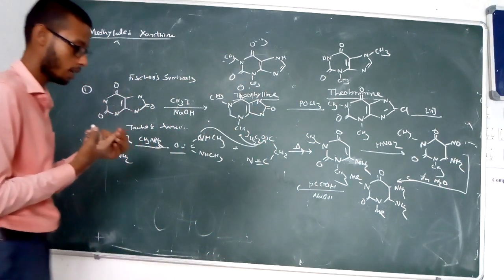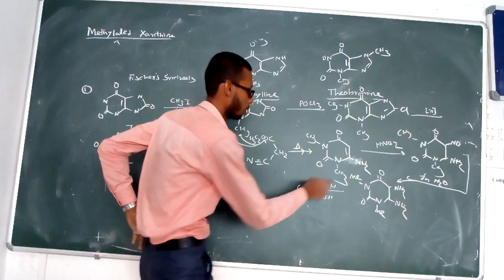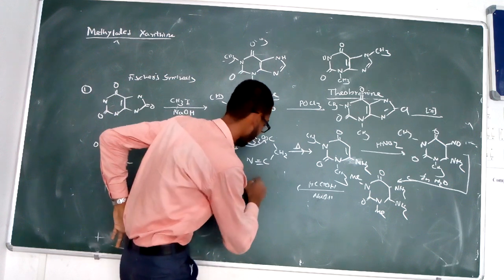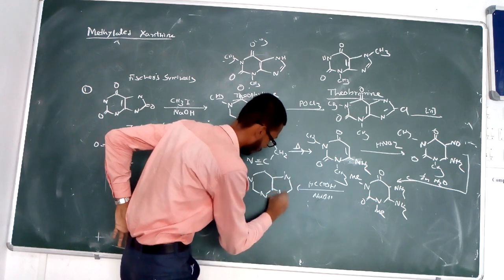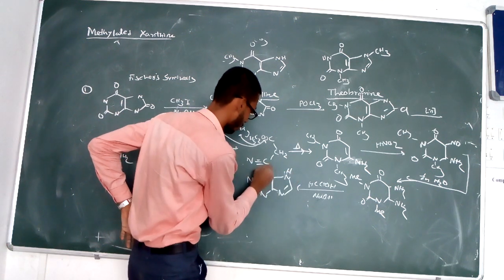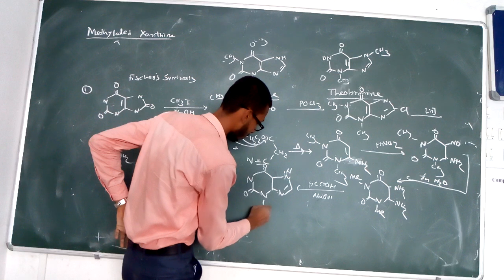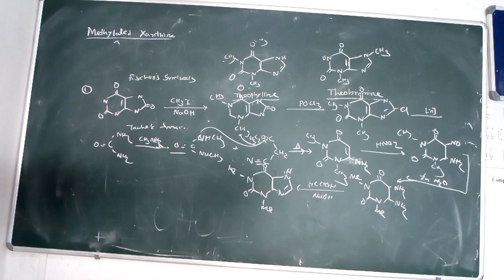So here the xanthine nucleus is obtained. There is a ring closure reaction that occurs, and it will finally produce a compound which is N-methyl, C double bond O. So on the treatment of formic acid, it will form the final compound, theophylline.